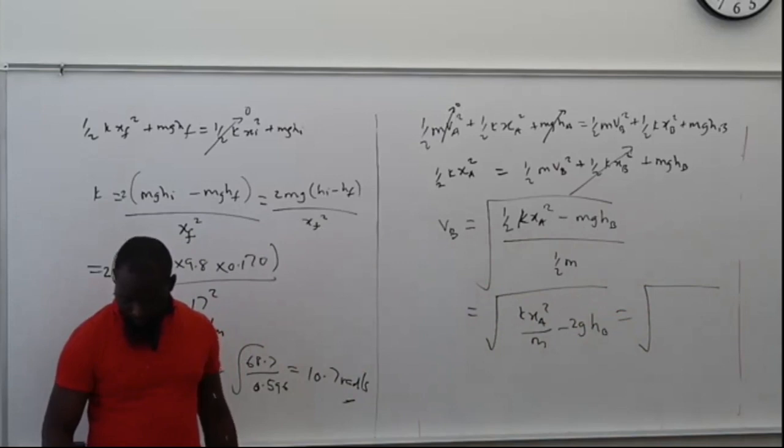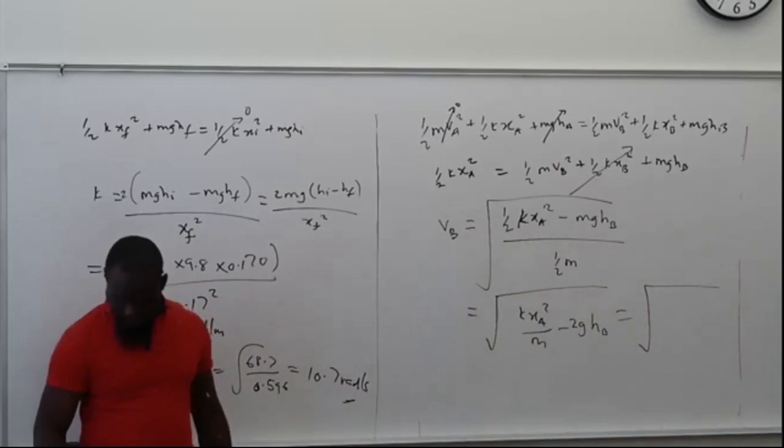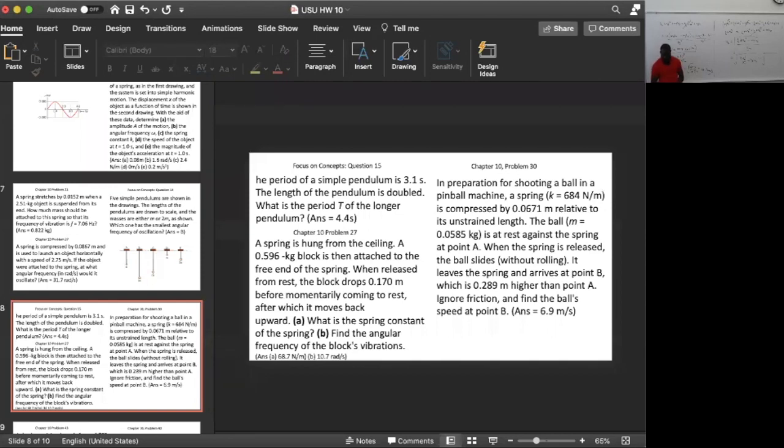So this is the square root of kx squared: 684 is k, xa squared is given as 0.067, over the mass, which is given as 0.0585, minus 2 times 9.8 times the height difference, 0.289.